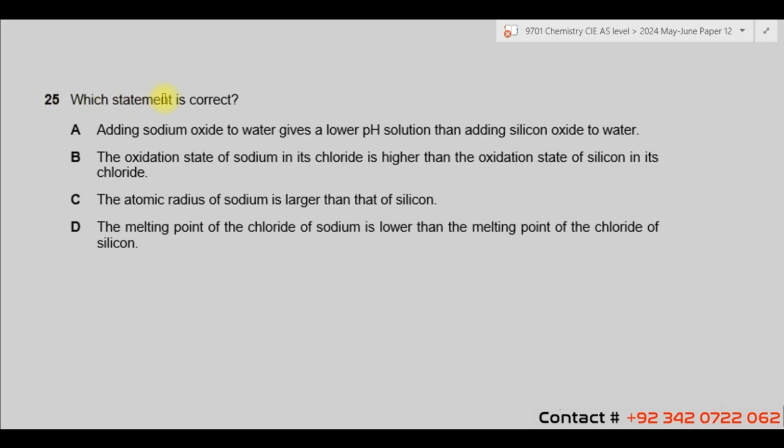Question number 25, which statement is correct? Part A, adding sodium oxide to water gives a lower pH solution than adding silicon oxide to water. Sodium oxide is a basic oxide. When it is dissolved in water, it forms sodium hydroxide. Sodium hydroxide is an alkali, a strong one, so it has a higher pH. Silicon dioxide is actually insoluble in water.